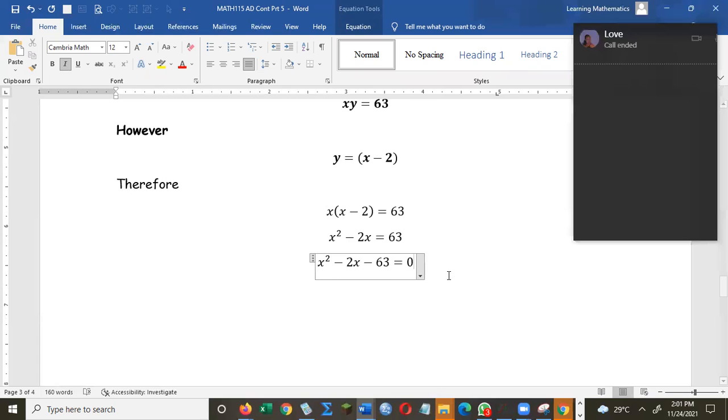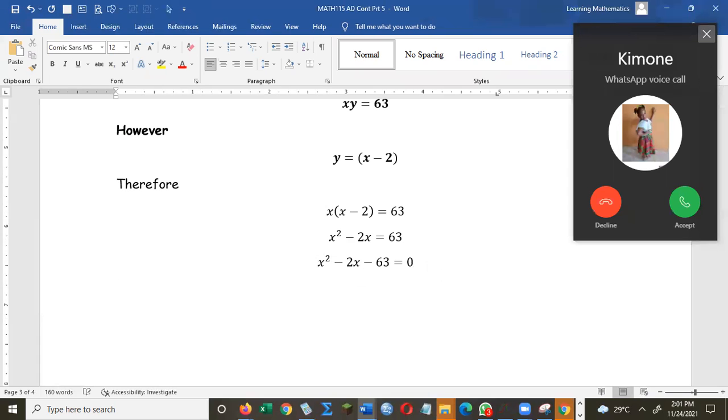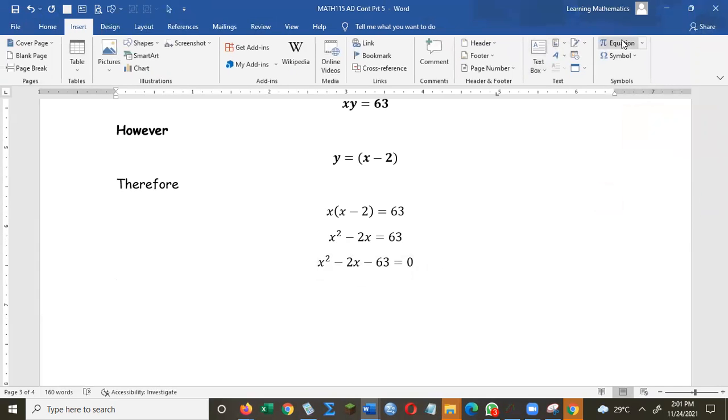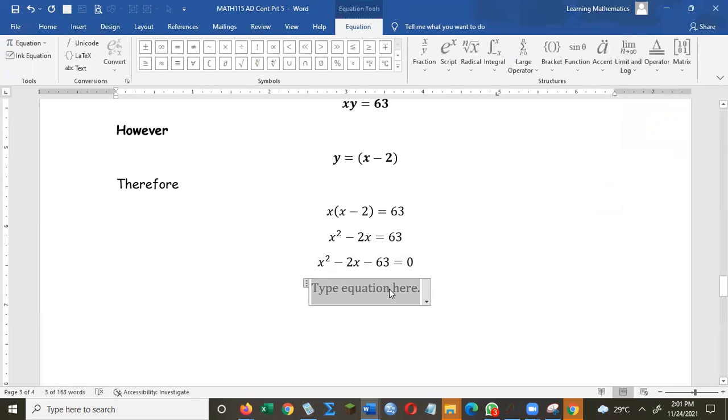And once you have done that, now you can identify what A, B, and C are, and we are heading towards the formula. A is equal to 1, B is equal to -2, and C is equal to -63.